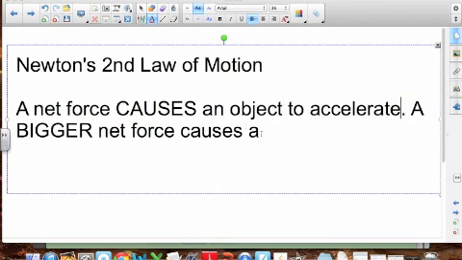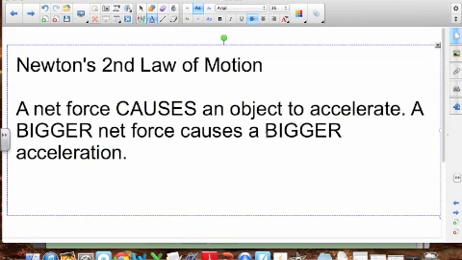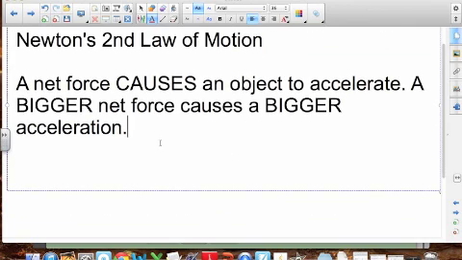A bigger net force causes a bigger acceleration. That makes sense, right? If you push on an object harder so that it experiences a larger net force, then its velocity will change faster, which means it has a bigger acceleration.